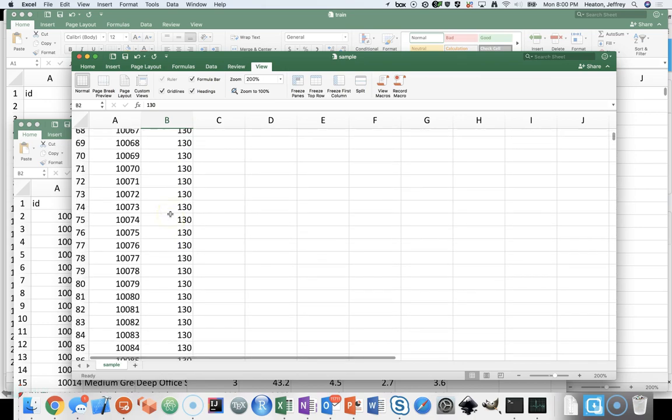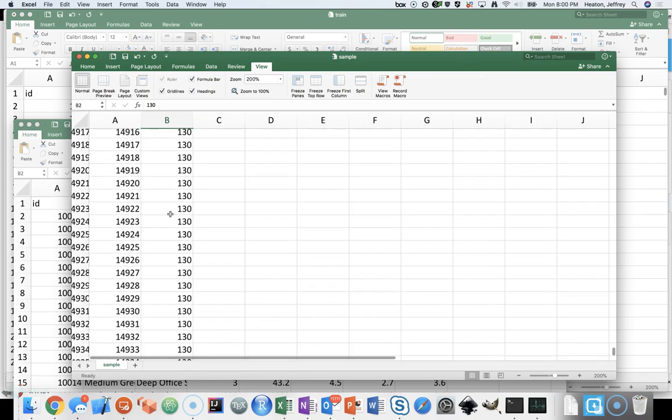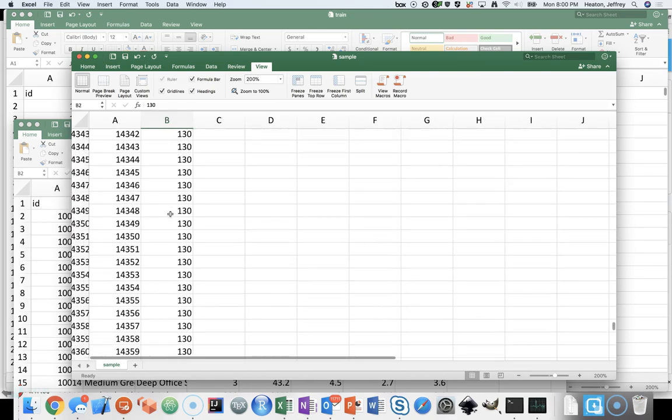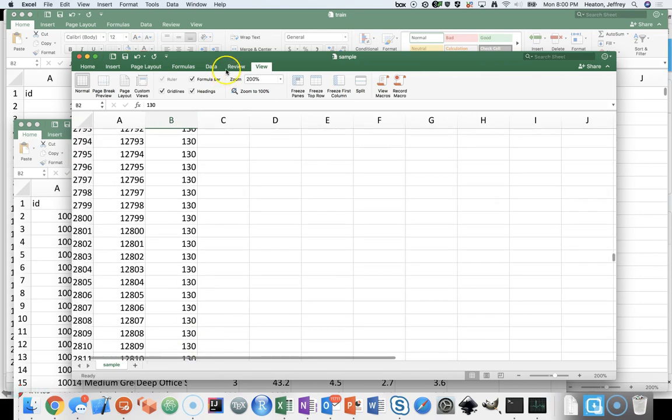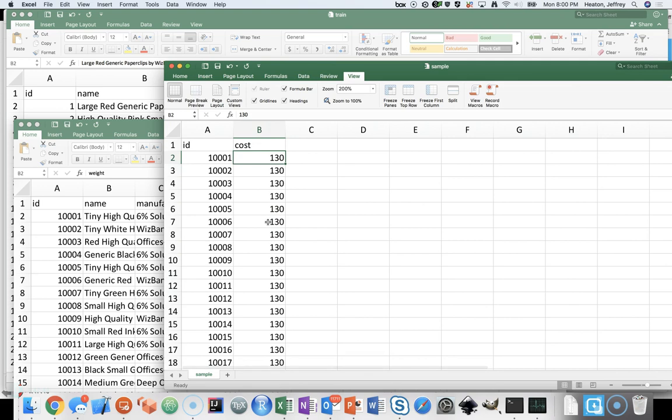And if you submit this, it gets a certain error. You could submit this one if you want to. That's a decent opening bid, just to see if you know how to use the Kaggle interface.